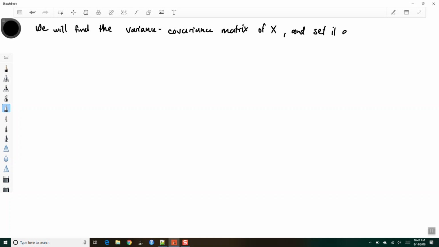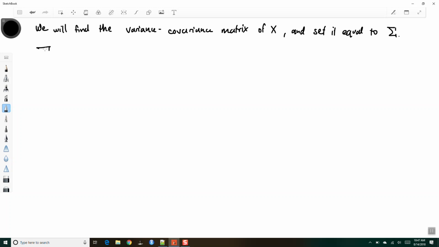So we will find the variance covariance matrix of X and set it equal to our desired sigma.